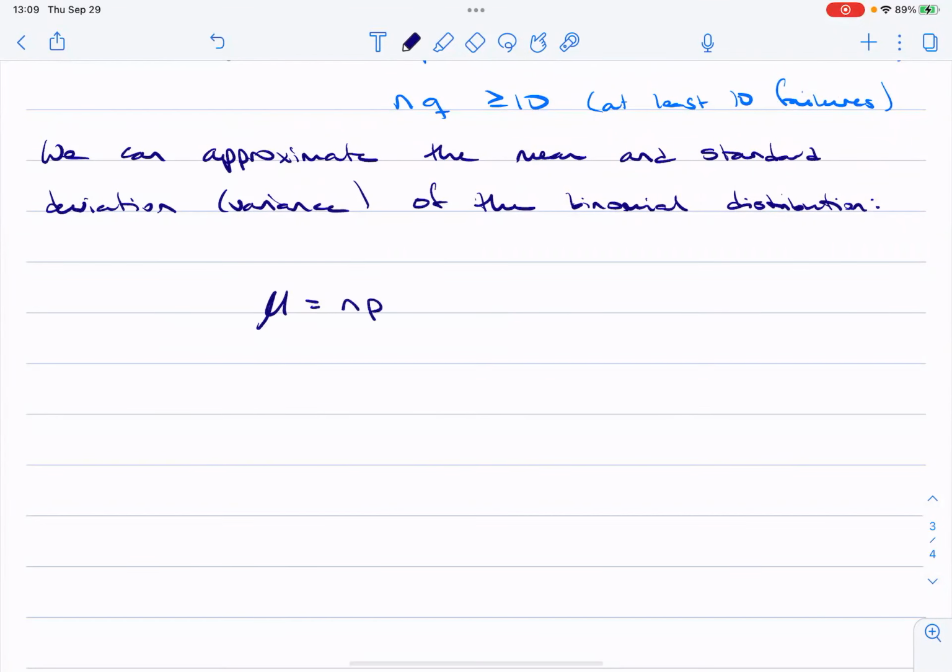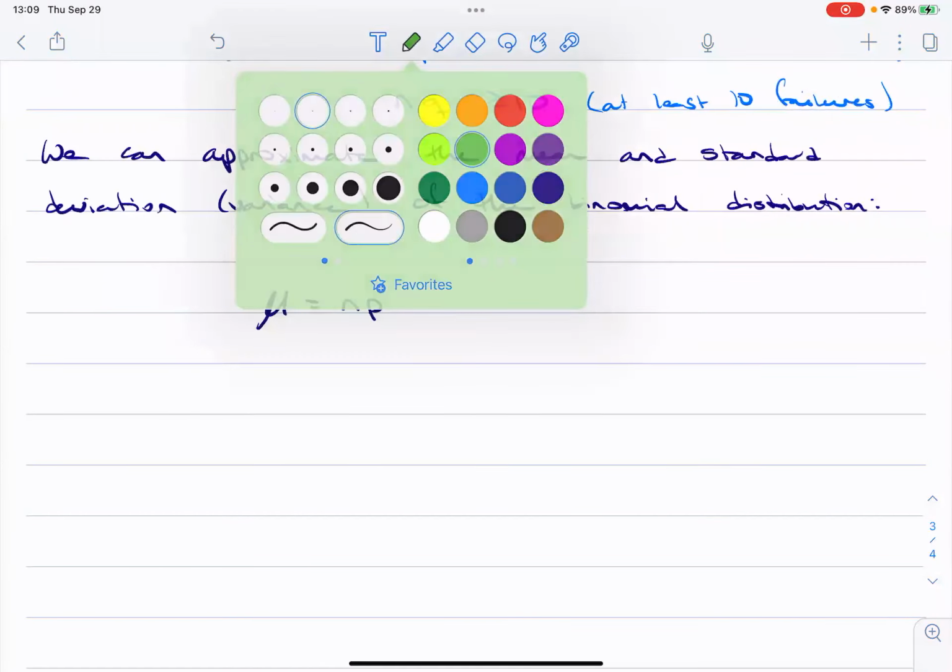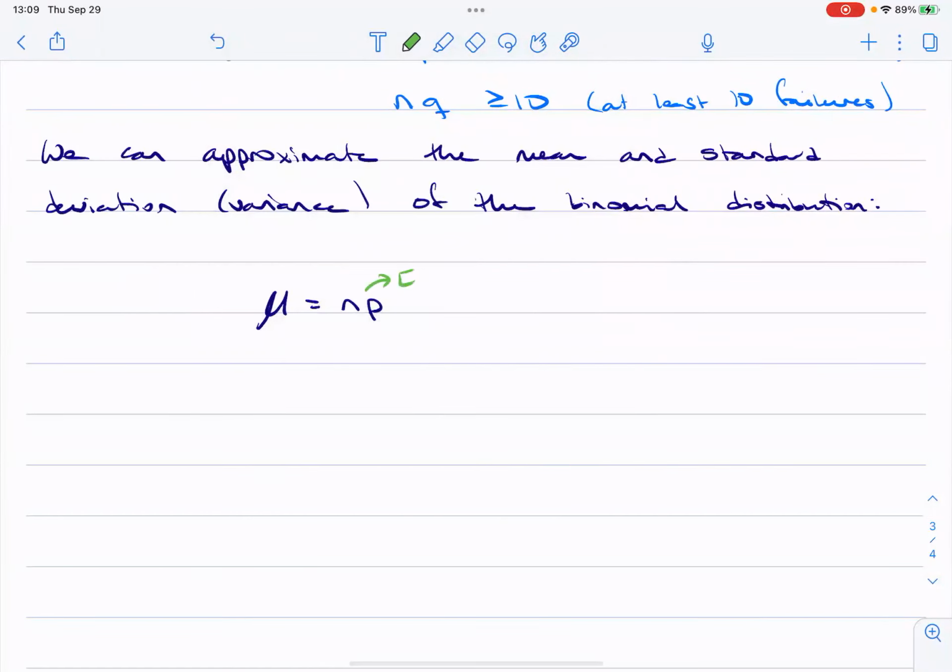Mu, I'm going to use n times p, which is really the expected value of x. Sigma squared, right, is the variance, the population variance.